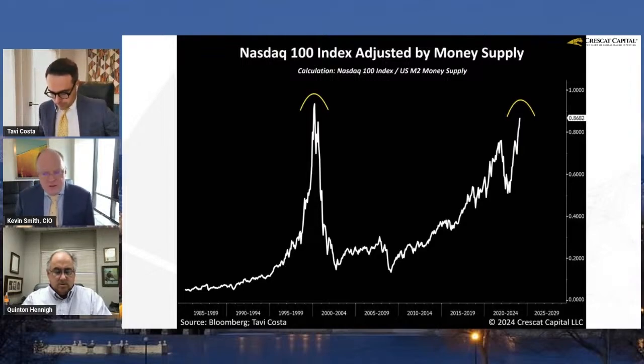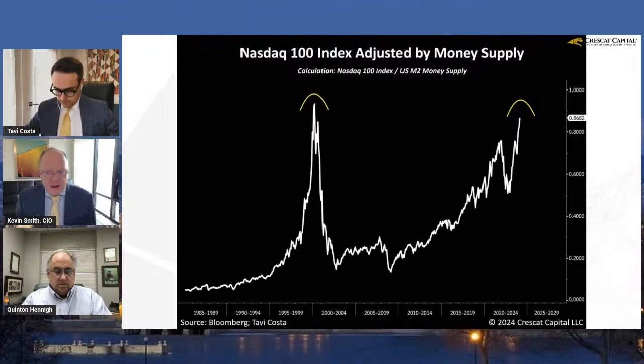Valuation risk is one of the key factors in this market, at the same time as we have rising interest rates and rising inflation, which we believe is a catalyst for a stock market correction, if not a much bigger stock market crash, and a potential recession to follow that.